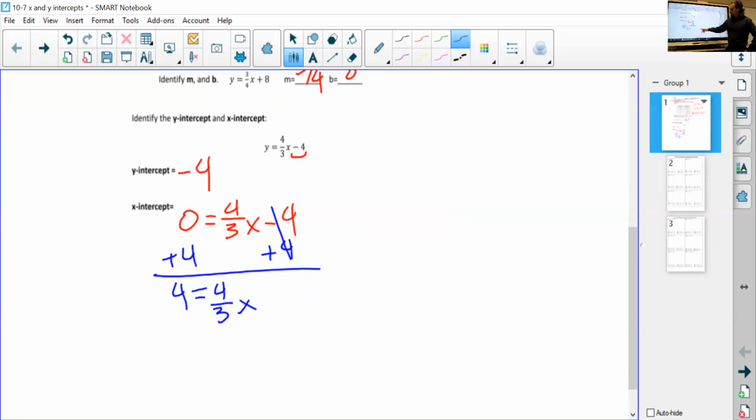If we need to get rid of multiplying by a fraction, remember the simplest way would just be to multiply it by its own reciprocal, which is just the fraction but flipped upside down. So to get rid of times 4/3, we would just multiply both sides by 3/4.